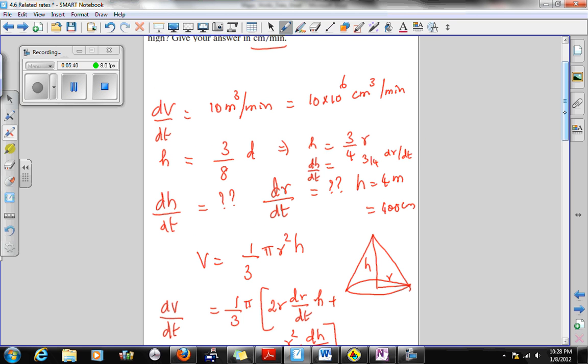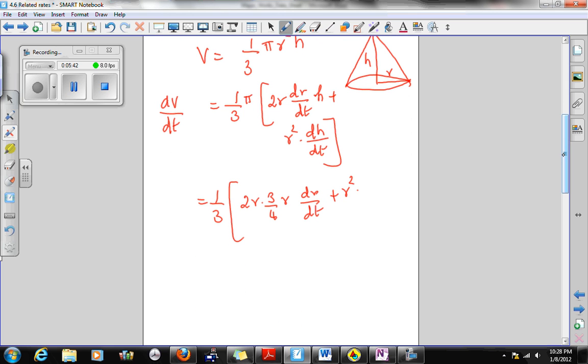So you could use that, substituting here 3/4 times dr by dt for dh by dt. Now you have the equation for dV by dt completely in terms of a single variable, that is r, and also in terms of its derivative. So dr by dt seems to be a common factor, so we can factor that out. So dr by dt times, we had a 1/3 pi actually.